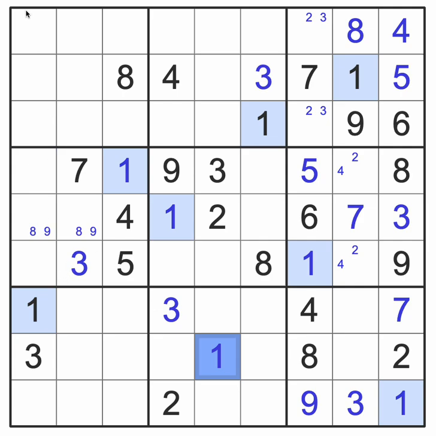That should give me 1 in box 1. 1 here blocks these, this one blocks here, 1 and 1 blocks these, gives me 1 here.